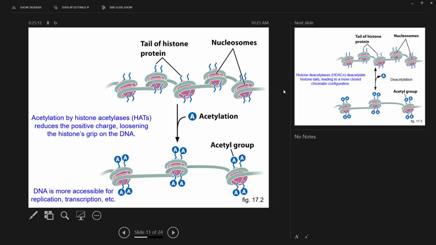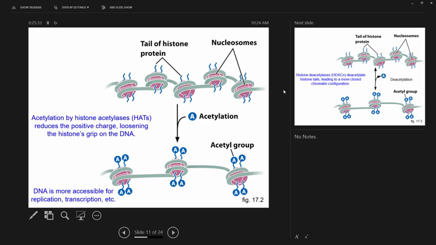However, enzymes called histone acetylases or histone acetyltransferases, HATs, will add acetyl groups to the N-terminal tails. Right? An acetyl group, a carbonyl with a negatively charged oxygen hanging off the end of it, is negatively charged.